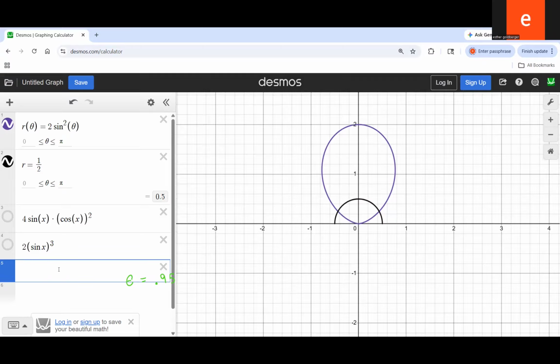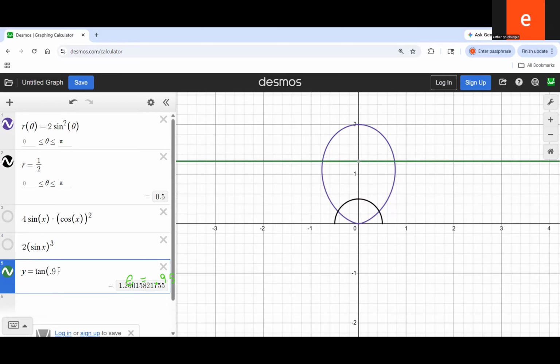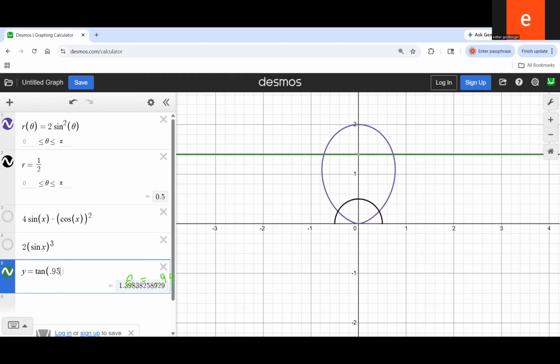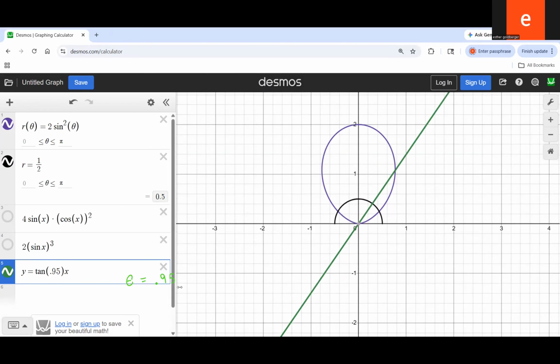So if you recall, the way to plot this would be to say that y is equal to tan of 0.95 times x. And indeed, that seems to work well. And we can see that it does seem to line up with the point which is farthest from the x-axis, or sorry, the y-axis, at least visually.